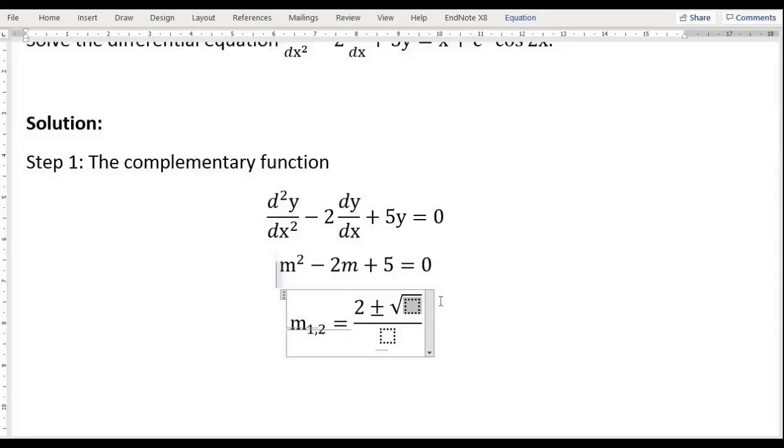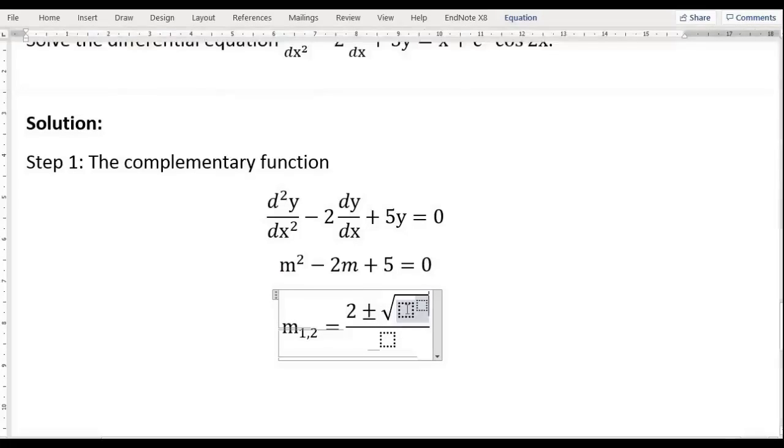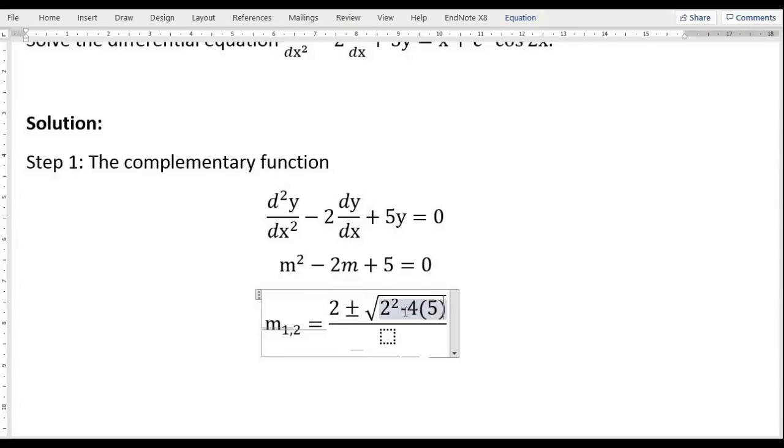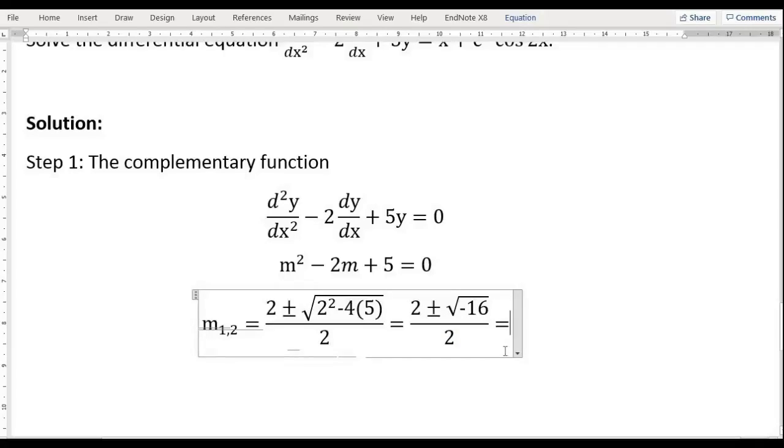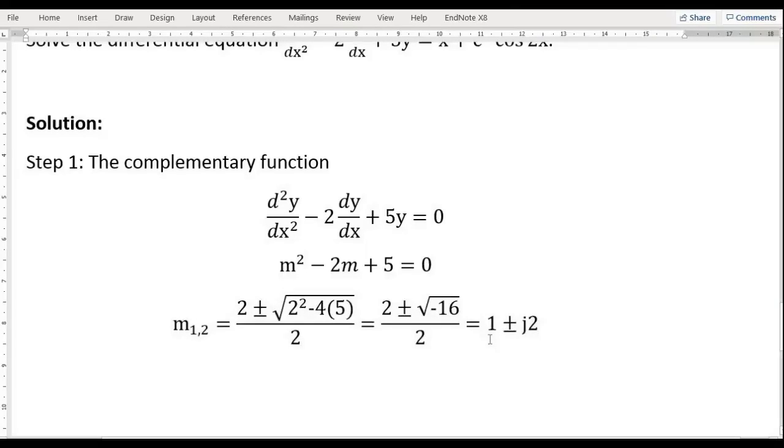We replace d²y/dx² with m squared, and similarly this one becomes m² minus 2m plus 5 is equivalent to 0, and we're going to find the roots for this. We see that the roots are comprised of complex conjugates.